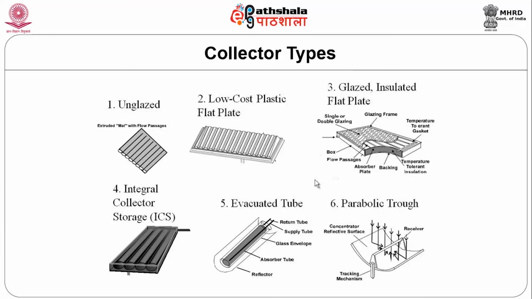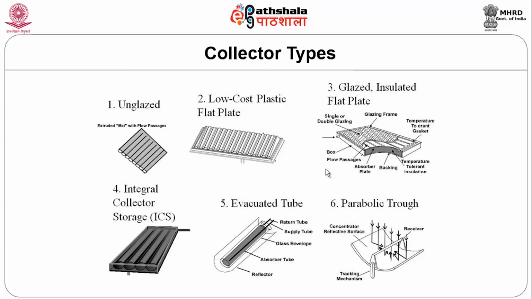So far in this lecture, we have seen the sun's specification, what the dimensions of the sun are, how much energy we can derive from the sun, and how much energy is coming to the earth.